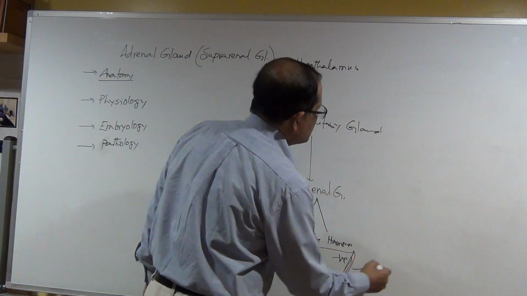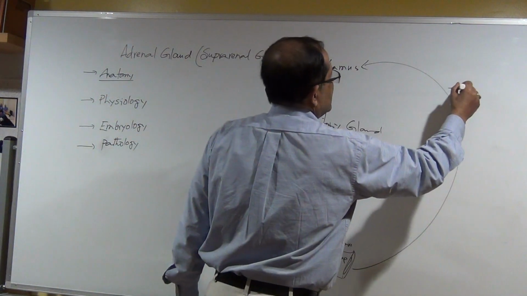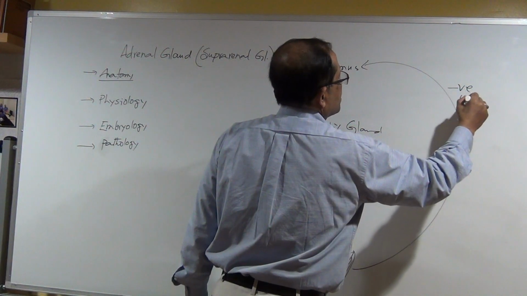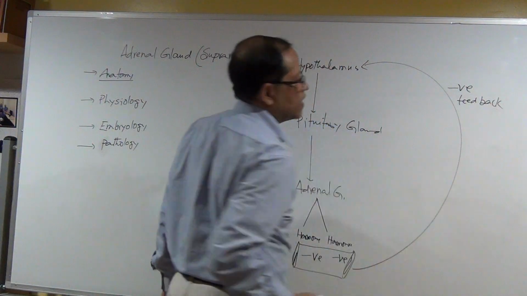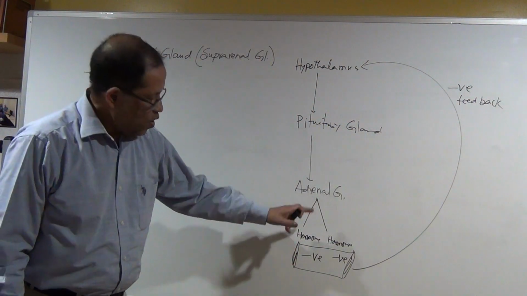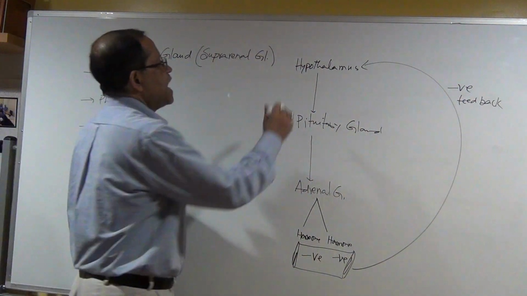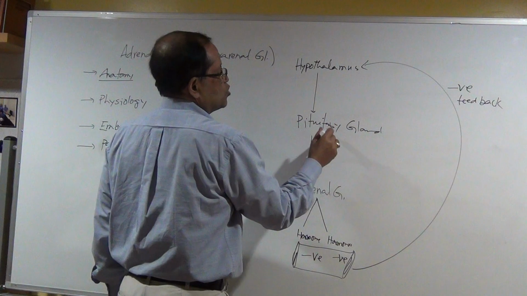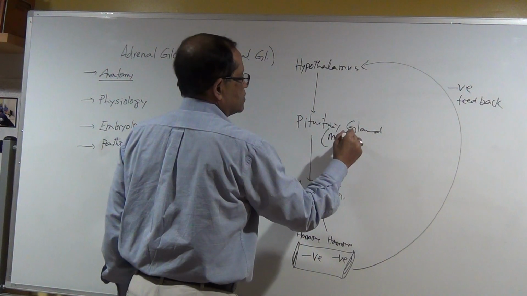This information will go to the hypothalamus as a negative feedback, that the blood level of hormones decreases. Then the hypothalamus will send the information to the pituitary. The pituitary's other name is the master gland.